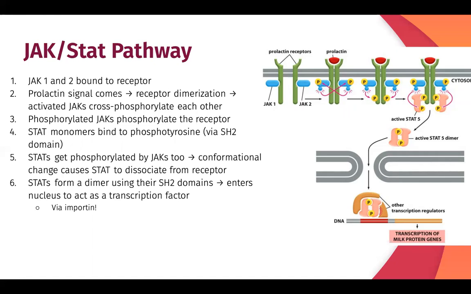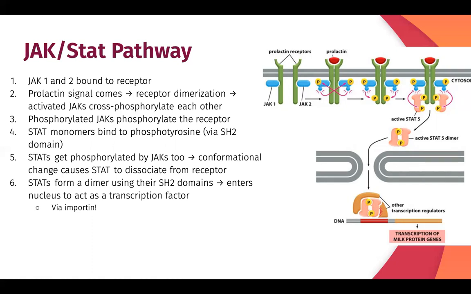This activates JAKs cross-phosphorylating each other. So the JAKs phosphorylate each other and then they're activated. That allows them to then phosphorylate the receptor. So the receptor itself is not phosphorylating the other receptor. It's these JAK subunits that are phosphorylating once they're active.